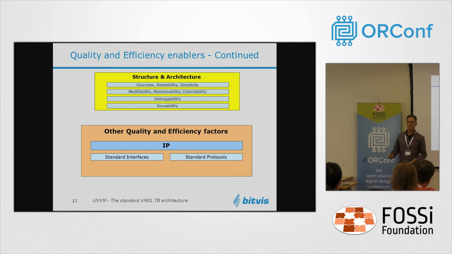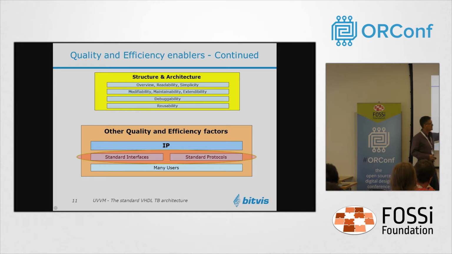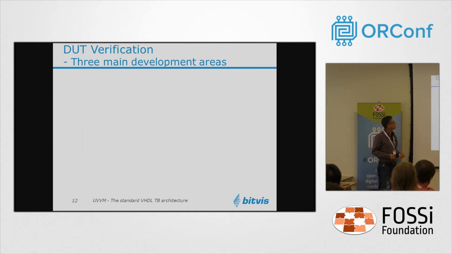Otherwise, it will be very difficult to reuse all these IPs. And of course, another thing is that there are so many users. That means that we get really fast feedback on any problem in these systems. But these standard interfaces and standard protocols are also enablers for efficiency and for quality. So it's extremely important to standardize.